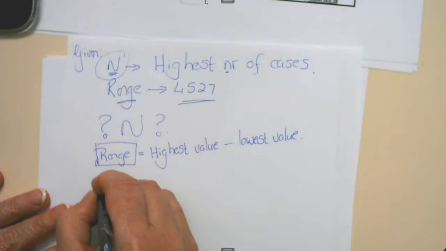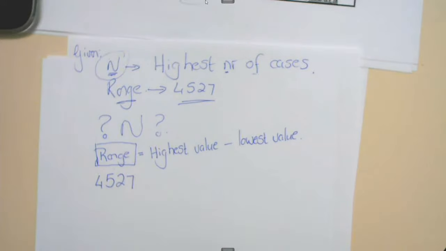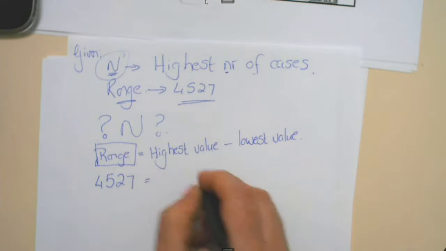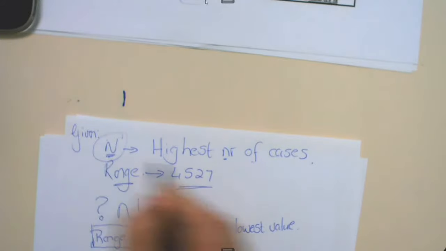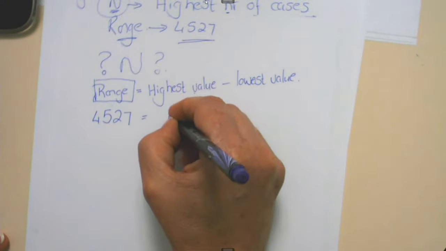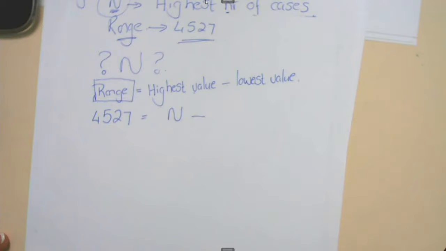So the range is given as 4,527. What is the highest value? The highest value I wrote here, N, is given as the highest number of cases. So the highest value is N. And then minus the lowest value.